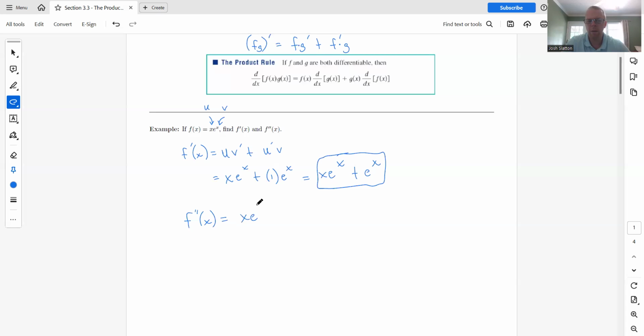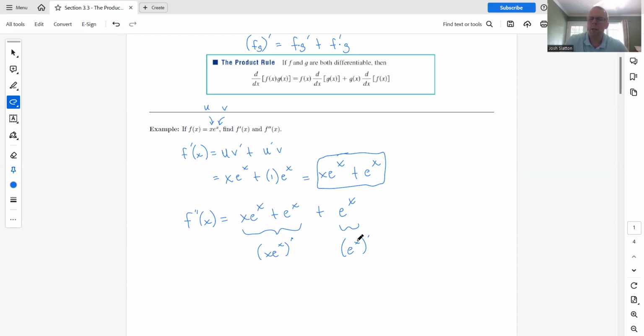So we'll just write that part again. So this part is x e to the x prime. All right. And then now we're going to take the derivative of e to the x, and that is just e to the x. So this term is e to the x prime.